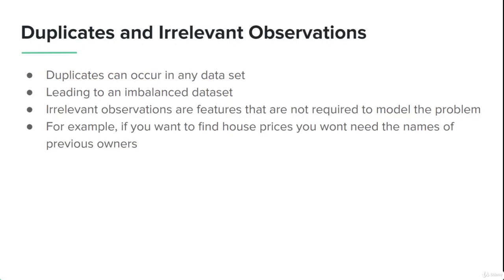Across many datasets, you will see that there are a lot of duplicate values and irrelevant observations. They can occur in any dataset. But the problem is that they will cause a lot of imbalancing, leading to an imbalanced dataset. An imbalanced dataset means that you do not have equal information to support both claims.